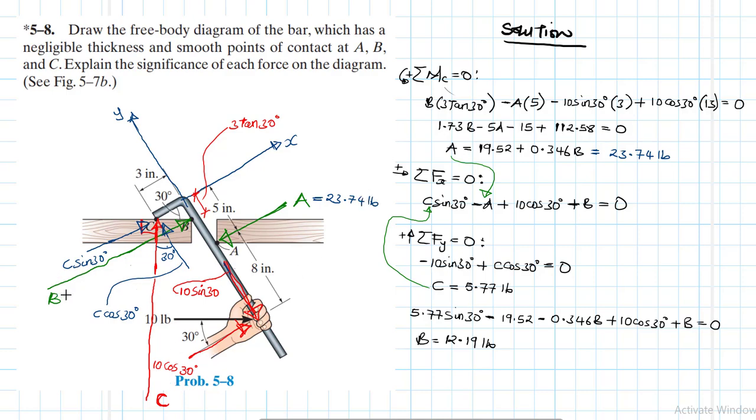My B is equal to 4.19 pounds. Alright, sorry about that. Okay. Alright, so there we go.